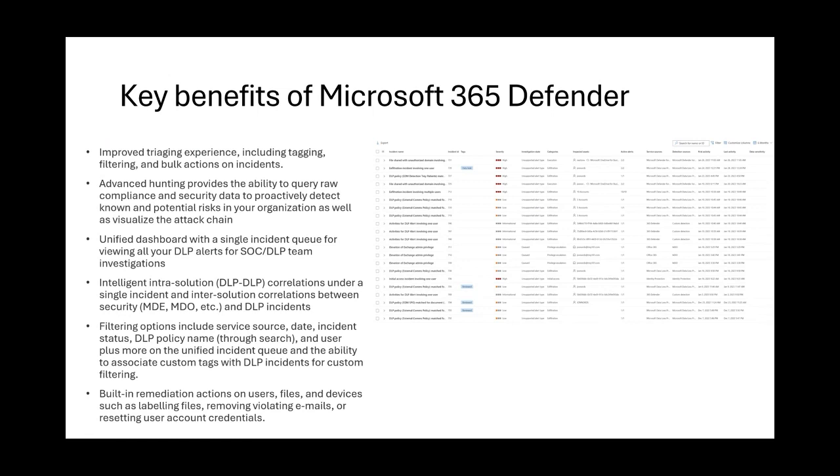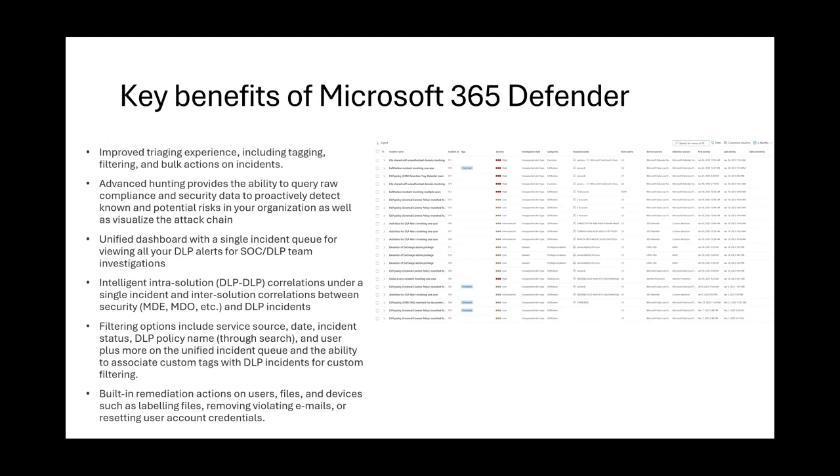Filtering options include several pivots, such as the service source. So even if the unified queue has alerts from multiple different sources, such as Microsoft Defender for Endpoint and DLP, you can filter the queue to look at just DLP incidents.